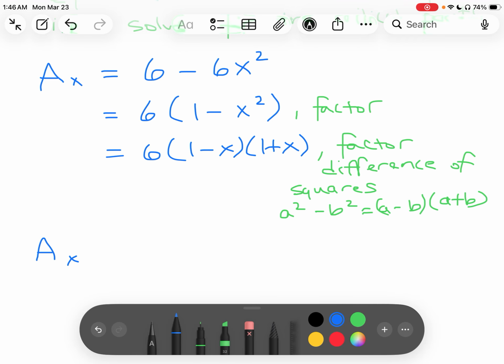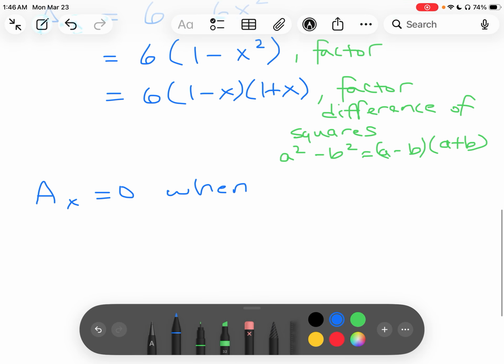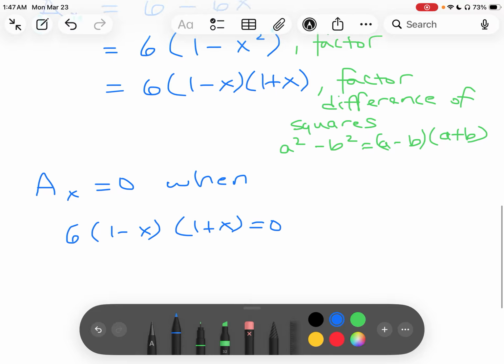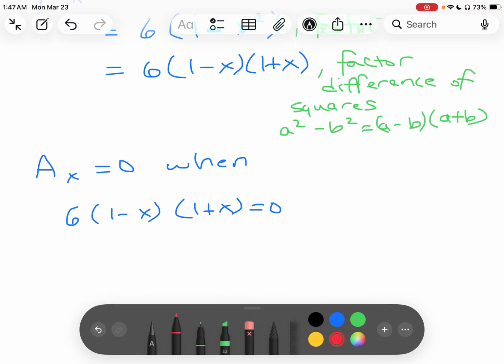So A prime of x equals 0 when we have 6 times (1 minus x) times (1 plus x) equals 0. And pretty much we just isolate and solve for x, right? Here it's easy since these are all factors.